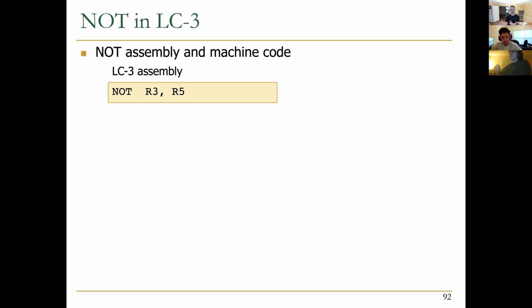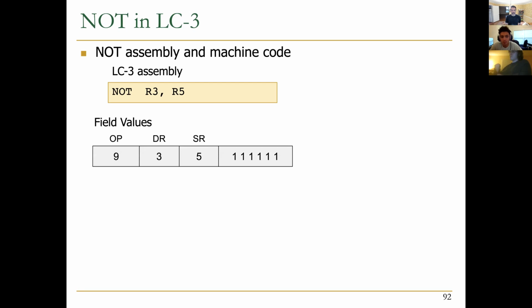Basically, we want to NOT what is located in R5, register number 5, and put it in R3. And this is the particular encoding. You need only the opcode, destination register, and source register, and the rest is not useful, at least in NOT.